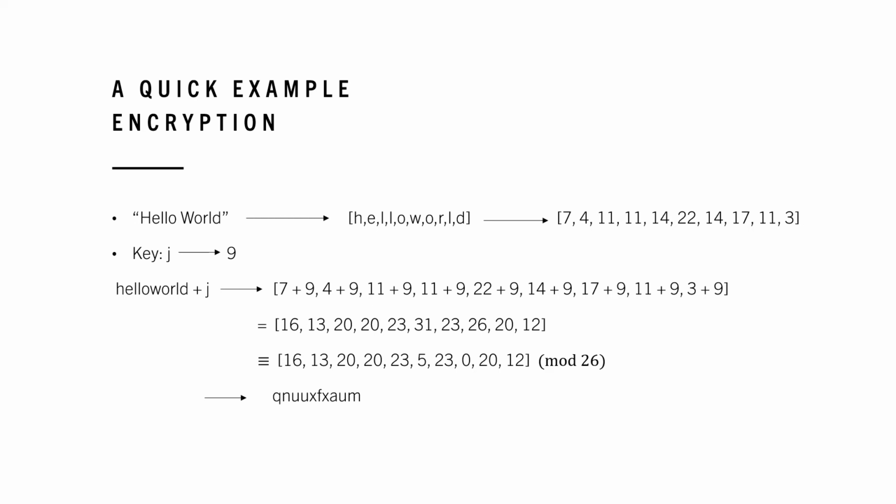So we showed in the previous slide that the word hello world, when it's added to the key J, you get this string, QNUUXFXAUM, which corresponds to the list that you see in front of it.